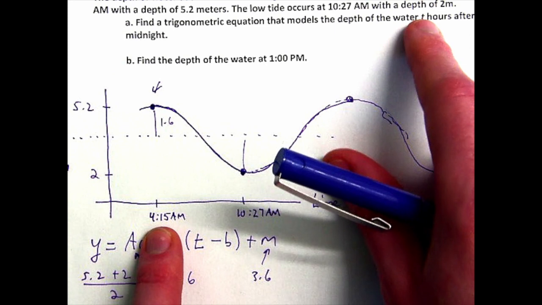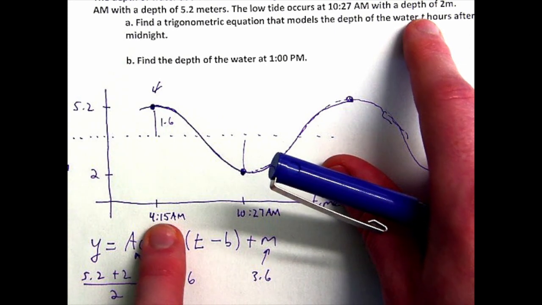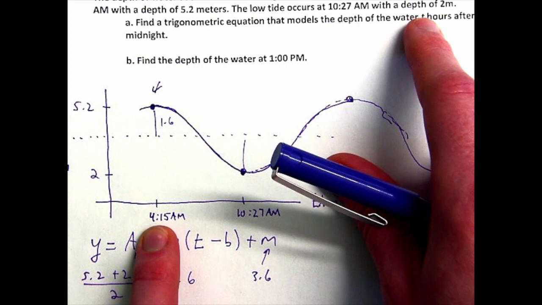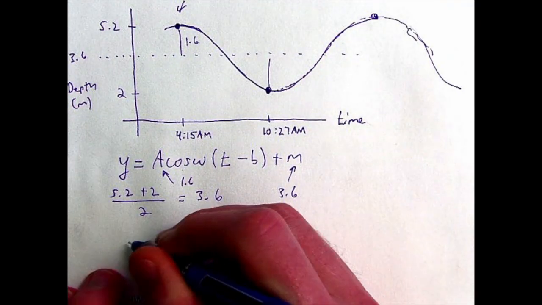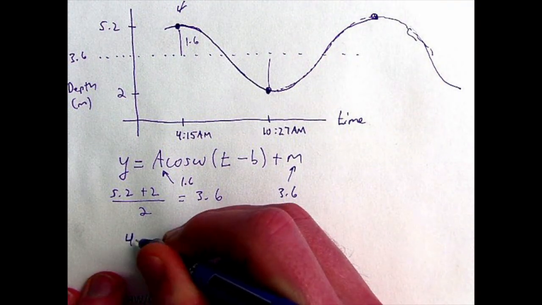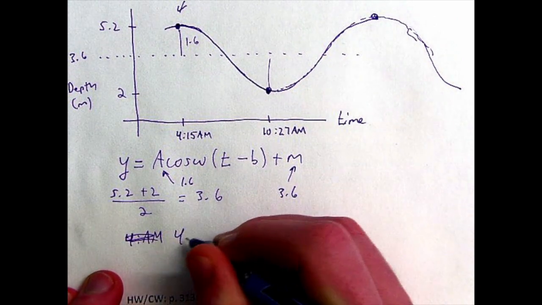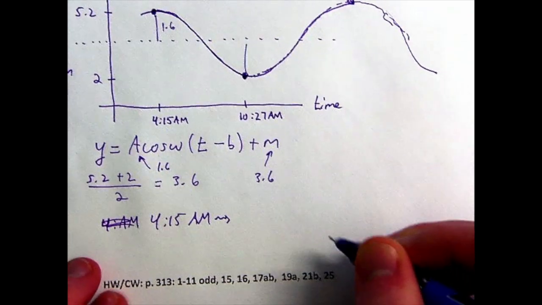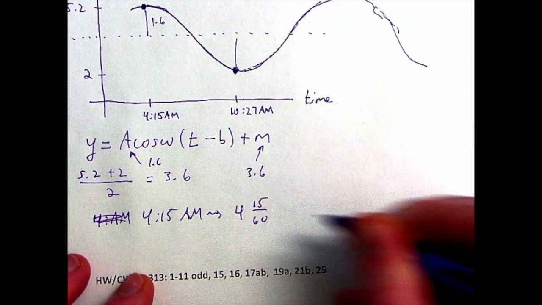Is it simply 4.15? The answer is no, right? I mean, 4:15 a.m. is not 4.15 hours after midnight. What it actually is the following. 4:15 a.m. is really associated with 4 hours and 15 out of 60 minutes.